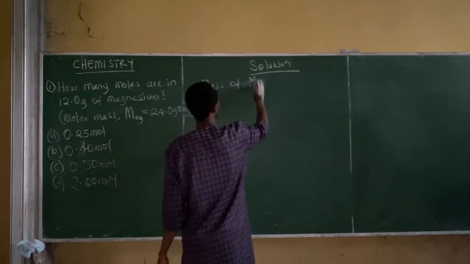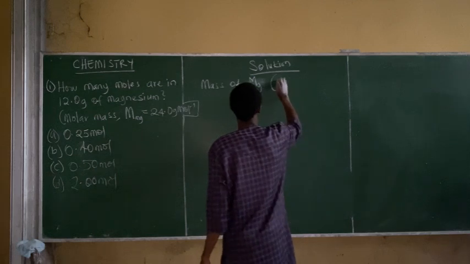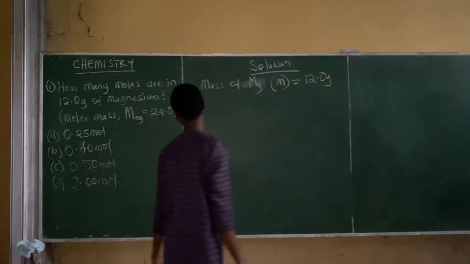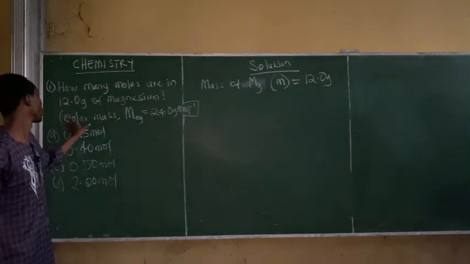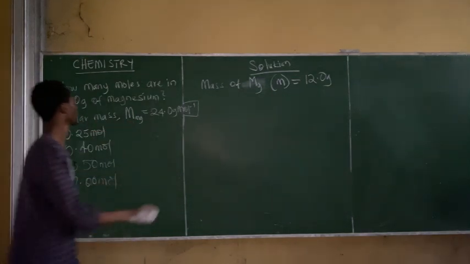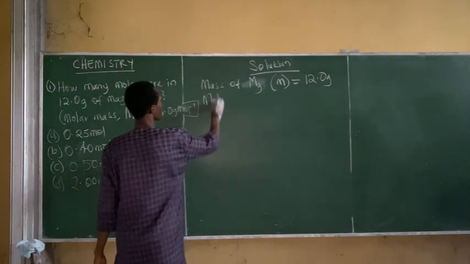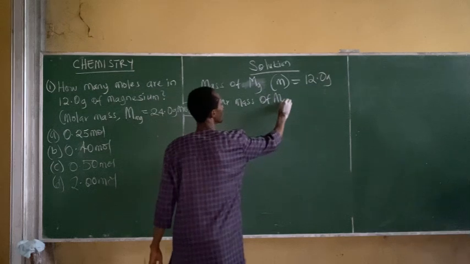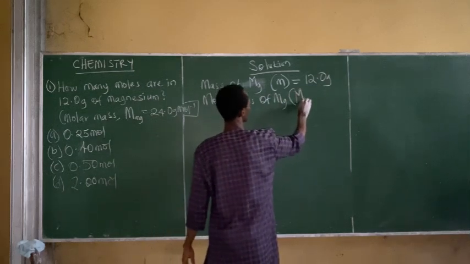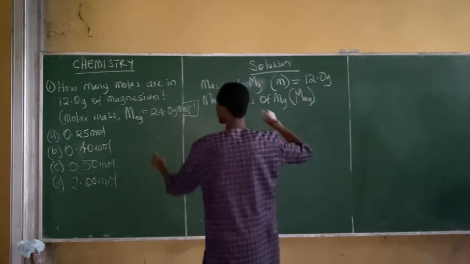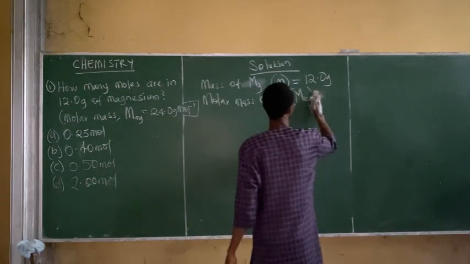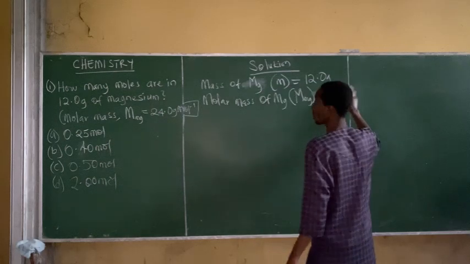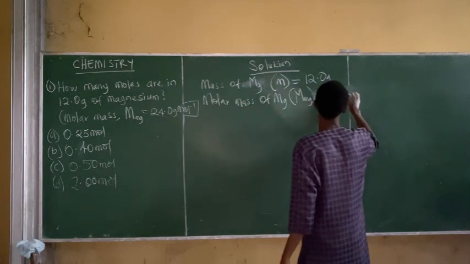Mass is equal to 12.0 grams. We are also given the molar mass of magnesium, which is equal to 24.0 gram per mole.